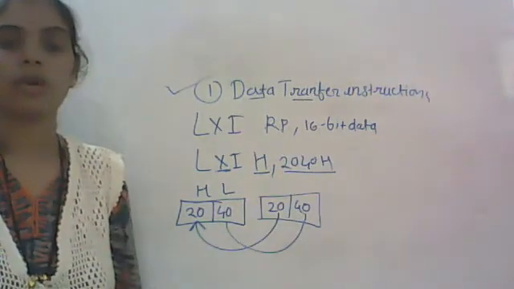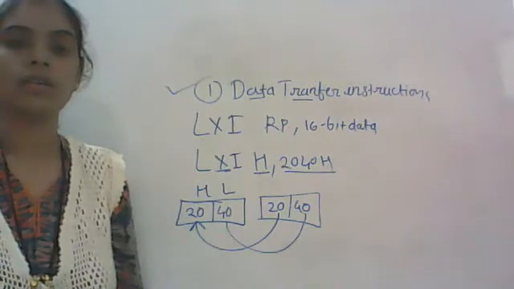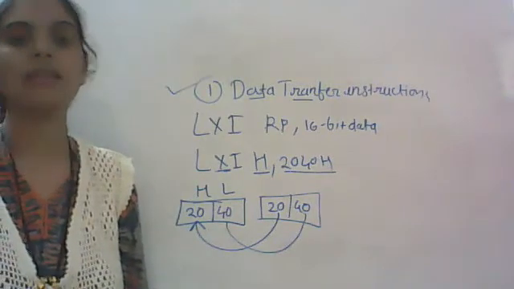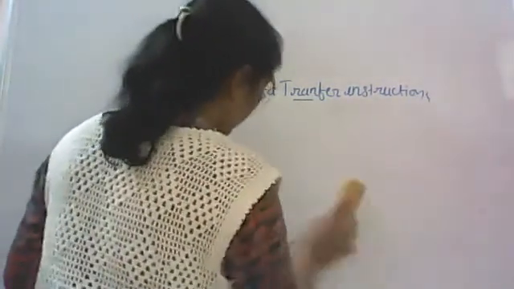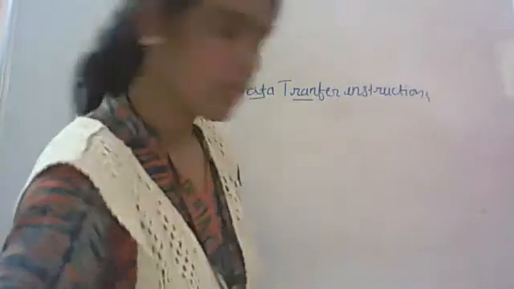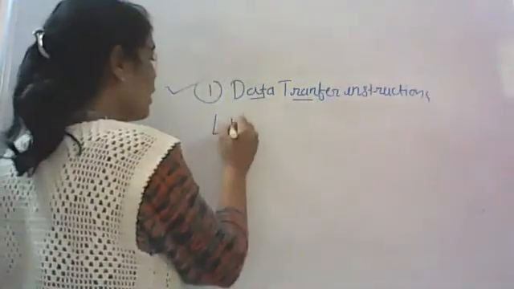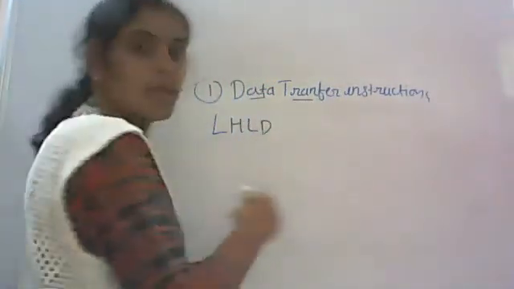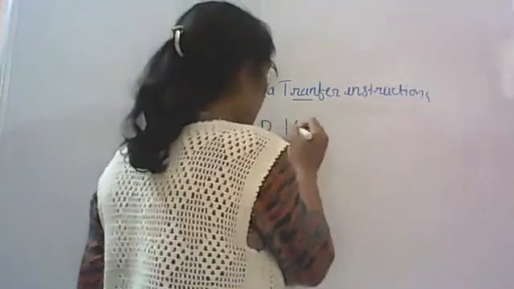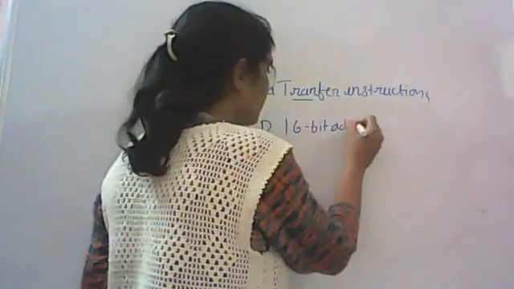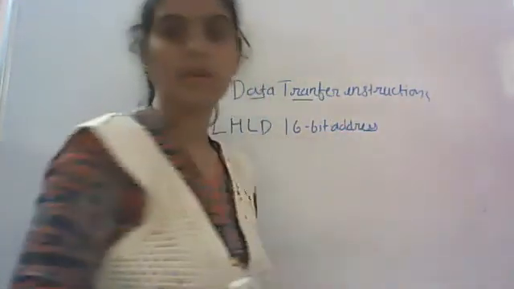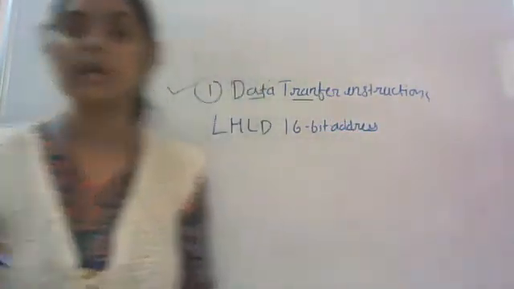Okay, now after that we see the next instruction, that is LHLD instruction. LHLD instruction here 16-bit address. Yeah, load HL register direct.